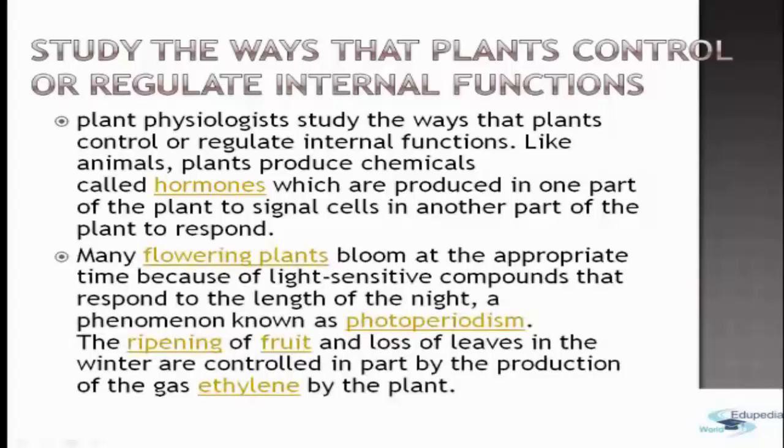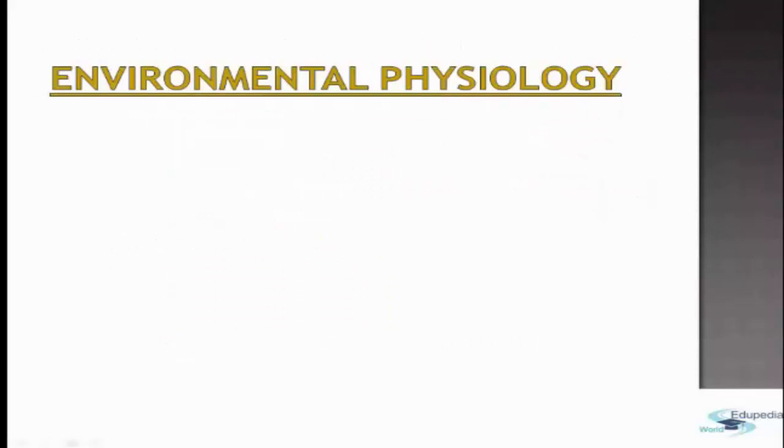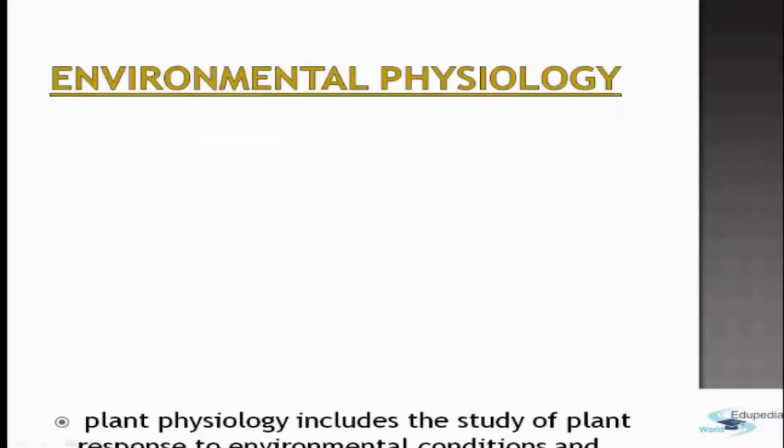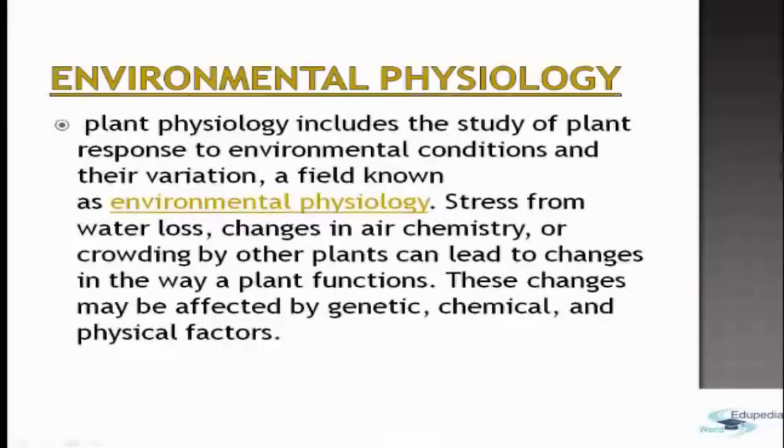Many flowering plants bloom at the appropriate time because of light-sensitive compounds that respond to the length of the night, a phenomenon known as photoperiodism. The ripening of fruits and loss of leaves in the winter are controlled in part by production of the gas ethylene by the plant. The next part of plant physiology is environmental physiology.